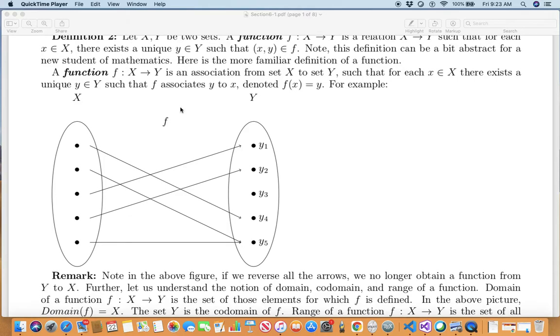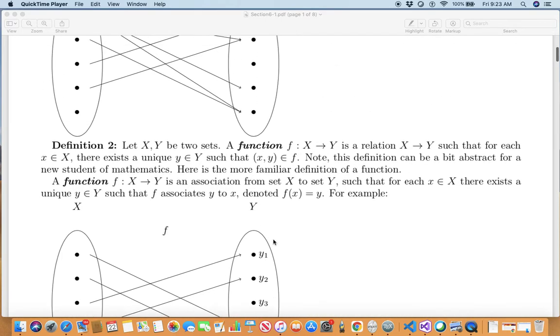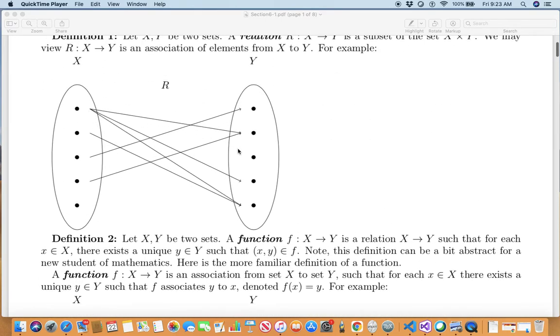So think of f as an airline. These are passengers, these are destinations. Two passengers can go to the same destination. That's okay. But one passenger cannot go to two different destinations. One passenger cannot go to three different destinations.